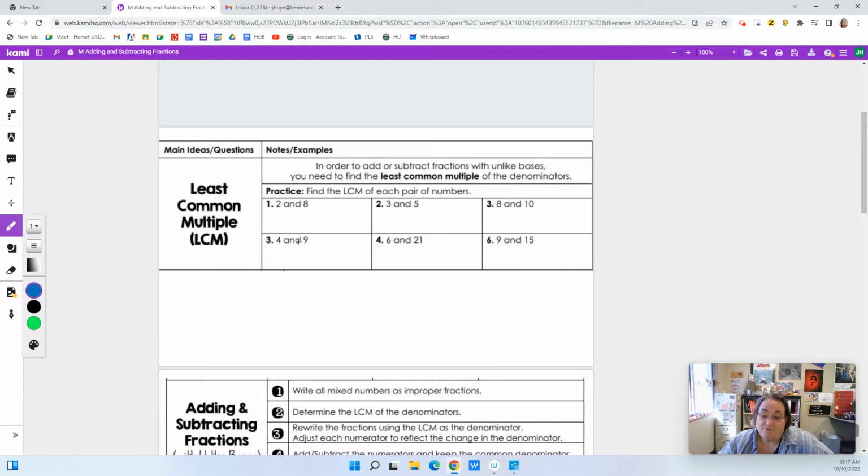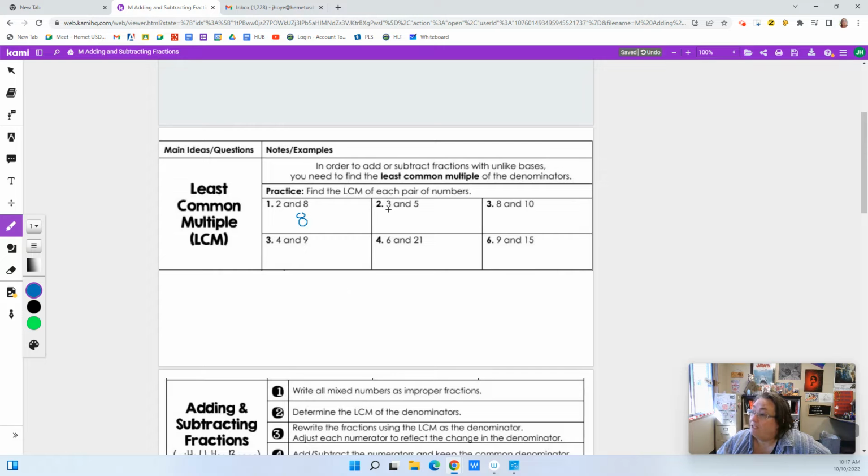Yeah, I get 4, right? So I know 2 goes into 8. So our least common multiple on this would be 8. Oh, I was trying to write with the eraser. I'm like, why isn't it writing? So for 2 and 8, my least common multiple is 8.